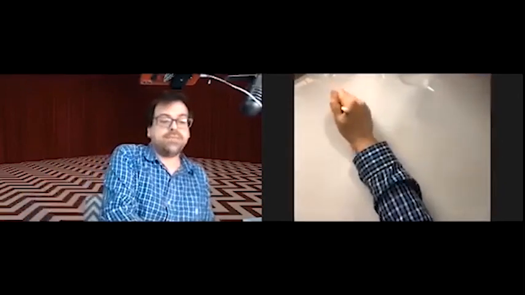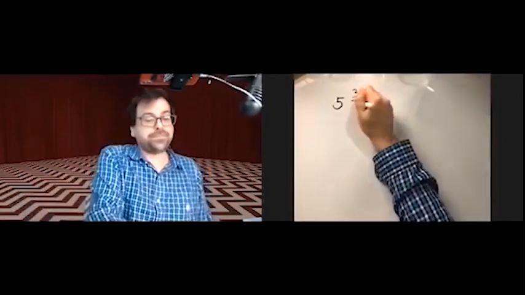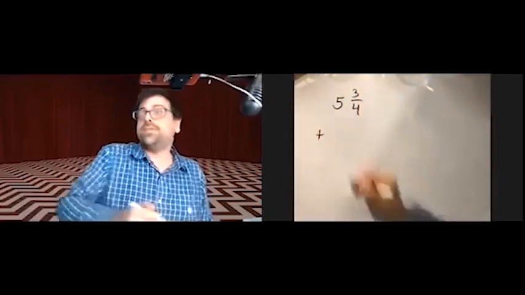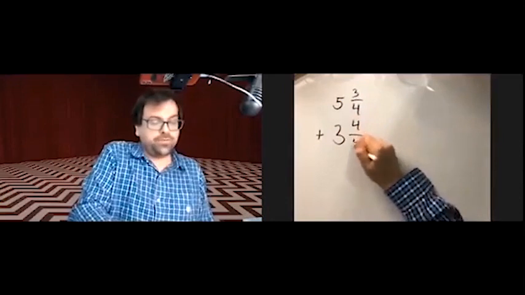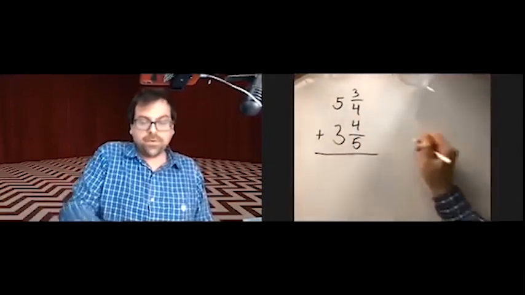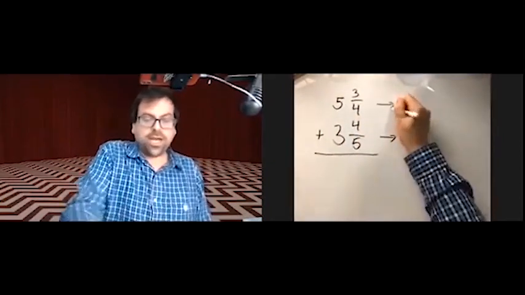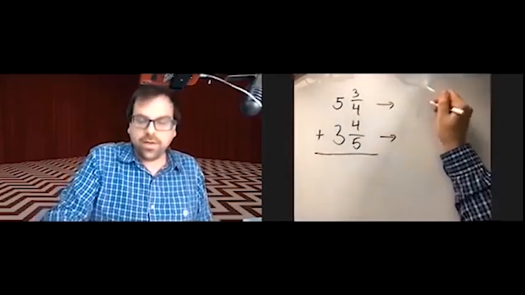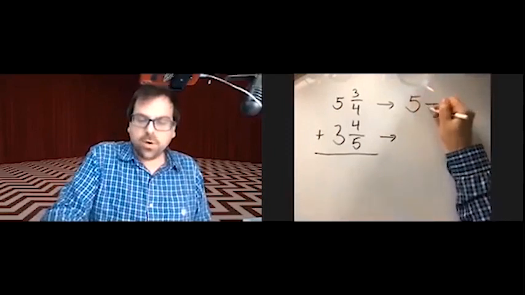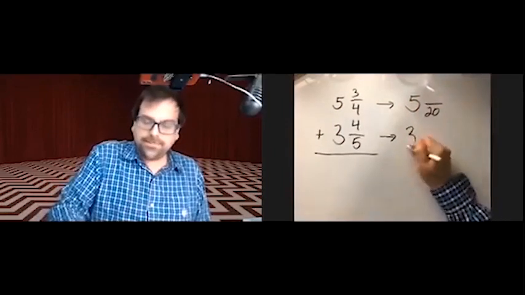Our next one's going to be given as 5 3/4 plus 3 4/5. We need to change them so that they have a common denominator. And for 4 and 5, that denominator is going to be 20.